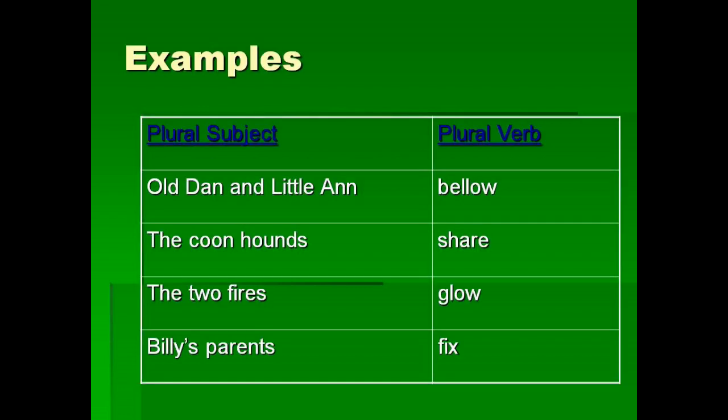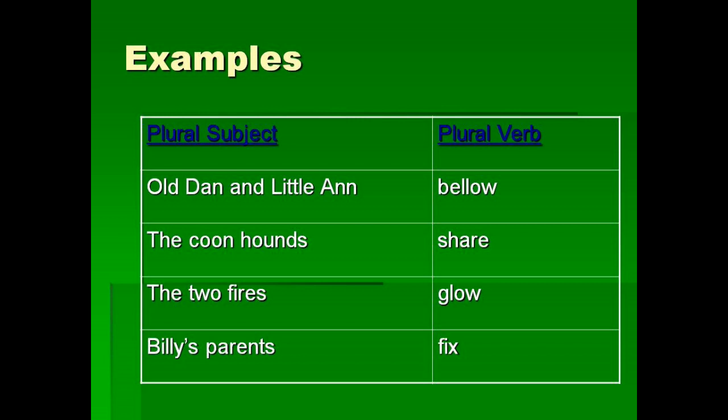Examples: Dan and Ann bellow. In our first example, it was only Dan, so we say Dan bellows. But now because it is Dan and Ann, we say bellow. Plural verb without s. The cocoon hounds share. They don't shares, they share because they are many.